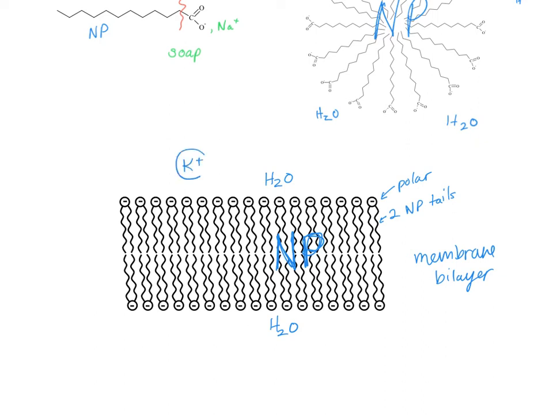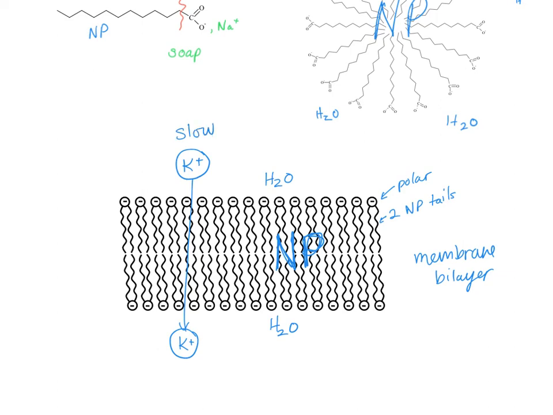Let's take, for example, a potassium ion. In order for a potassium ion to go through a cell membrane, for instance, to get from the outside of a cell to the inside of a cell, it needs to go through this nonpolar area that is the nonpolar tails coming together. And this is slow.